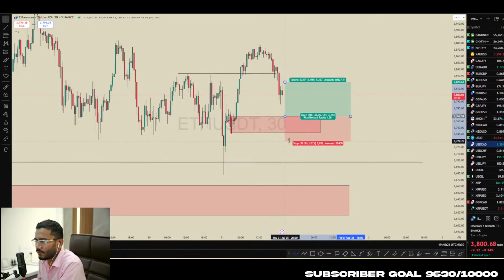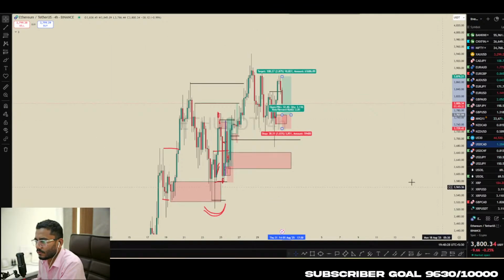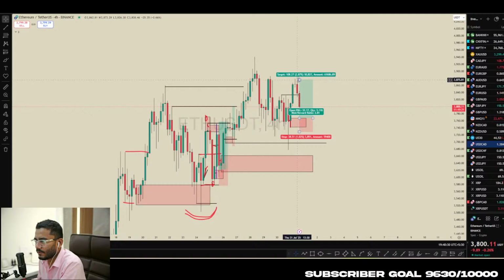Stop loss below this low. The next will be target 1, 2, 3.